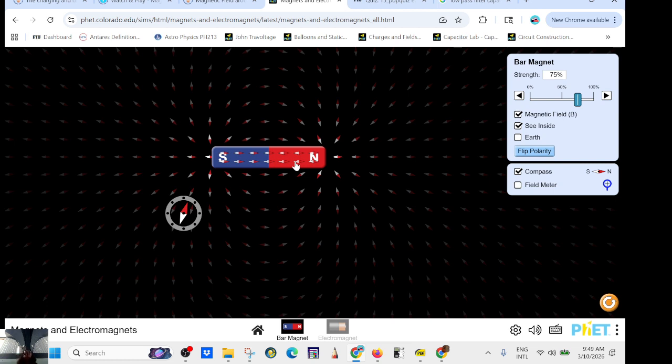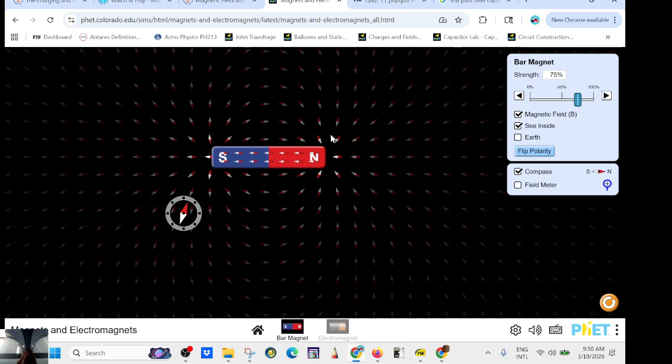We use something called iron filings. We sprinkle all around the magnet little pieces of iron that get magnetized, so they turn into a magnet. There will be a torque applied to them, and they will align themselves with the magnetic field. It's very much like visualizing the electric field with little seeds.